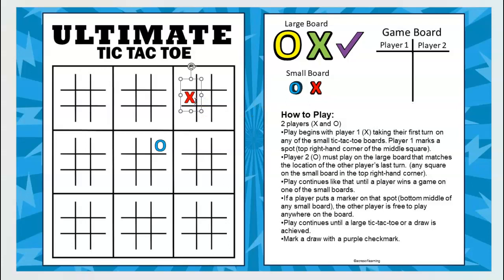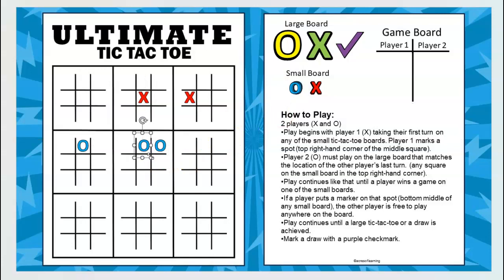So if, let's say, X plays there, then O is going to have to play on the left side middle board, and maybe the O will play there, and so then X has to play here, and let's say X plays in that middle board. That means that O can play in this middle board.